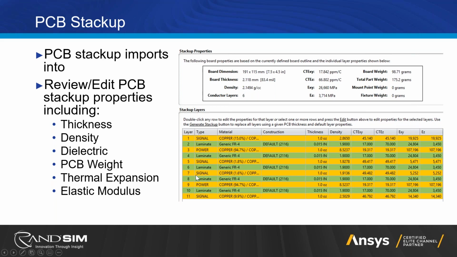So for example, if we look at layer 7, the signal layer, it only has 1.6% copper present, and it has a much lower elastic modulus as opposed to a layer, the power layer, that has 94.7% PCB coverage. And so this gives you insight as to how the density of routing or power planes or ground planes will have impact on the different layers.